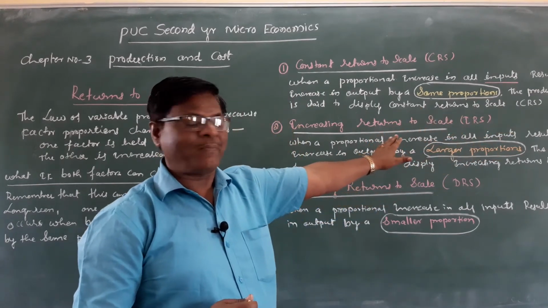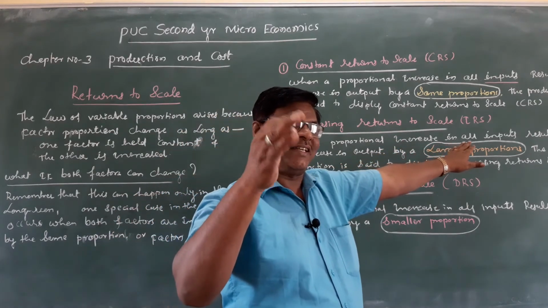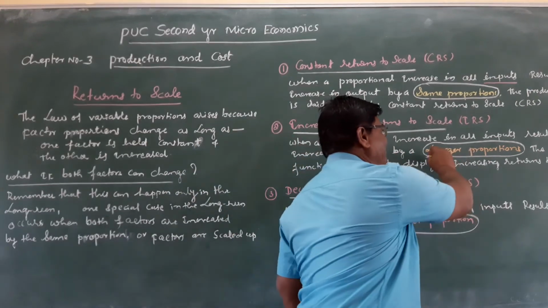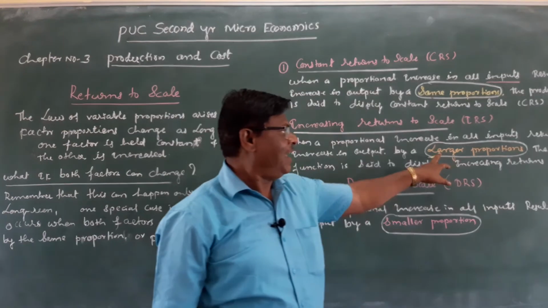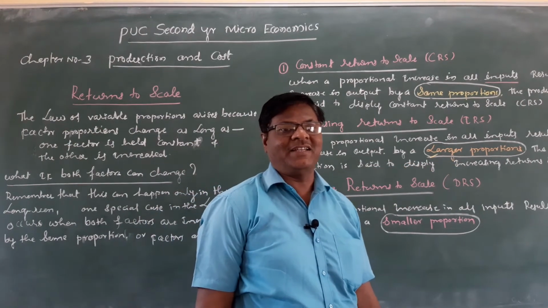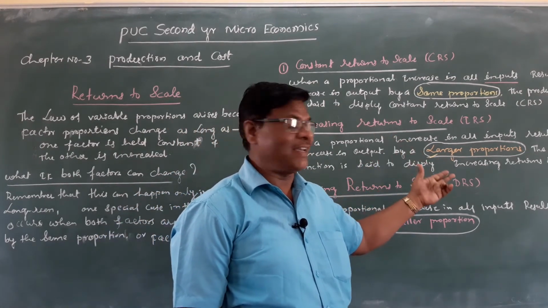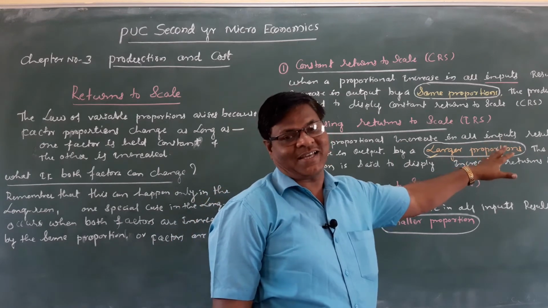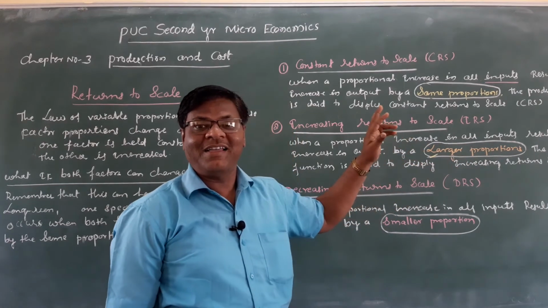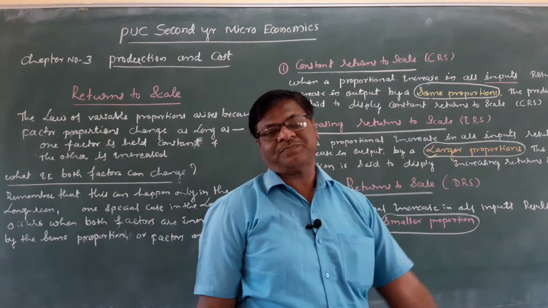When a proportional increase in all the inputs results in an increase in output by a larger proportion, the production function is said to display increasing returns to scale. It is called IRS, or increasing returns to scale.